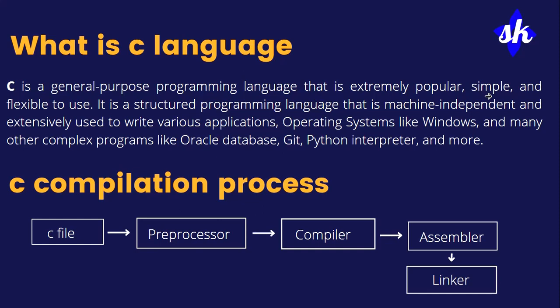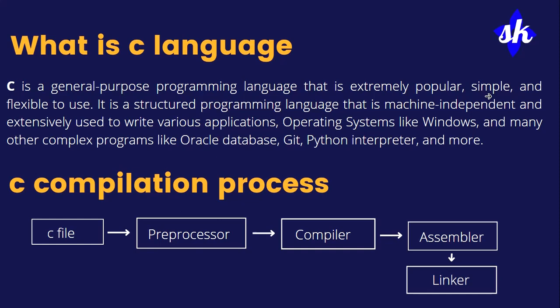No, that's the reason for machine independence. C is more like the right one to use many times. And you can see that the C programming language is basically used in developing operating systems such as Windows, the Oracle database, Git, the Python interpreter, and others.